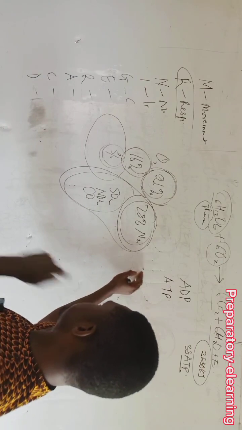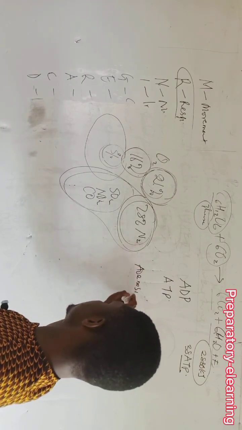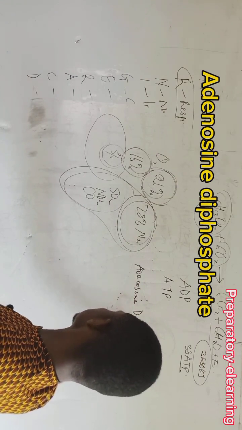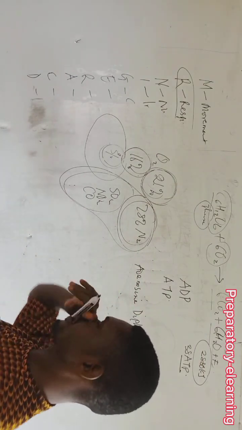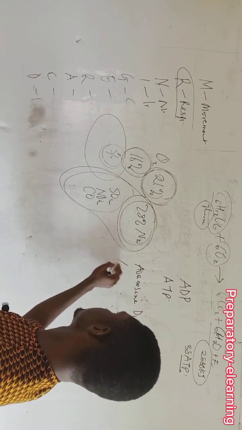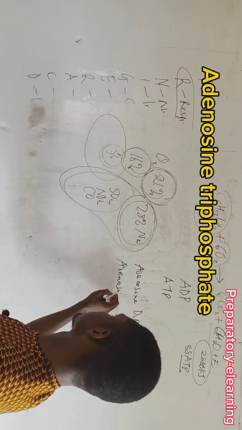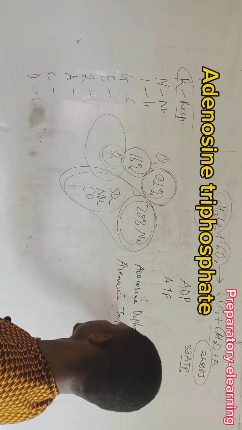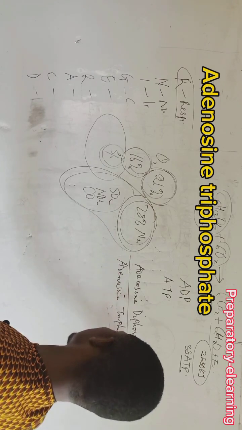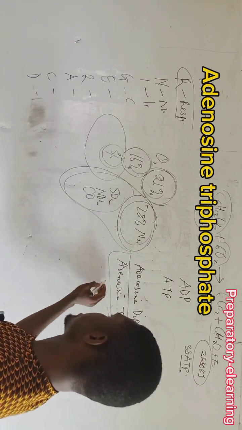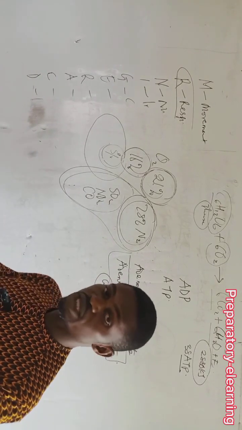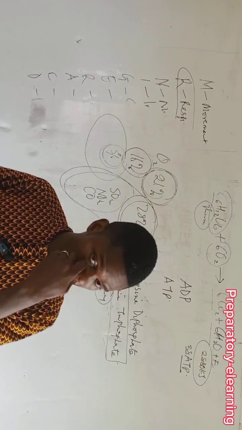ADP actually means adenosine diphosphate. That means you add just 2 phosphate molecules, so adenosine. And then ATP means adenosine triphosphate.